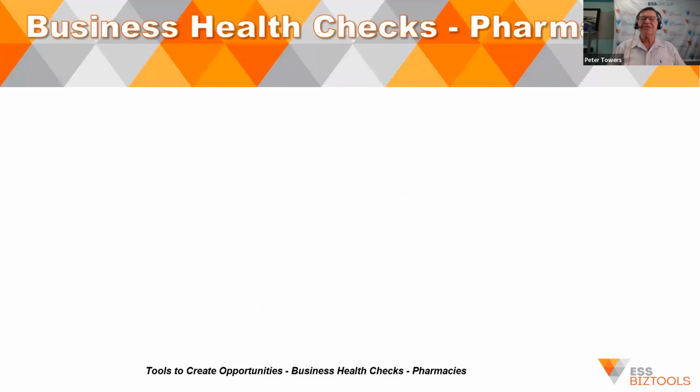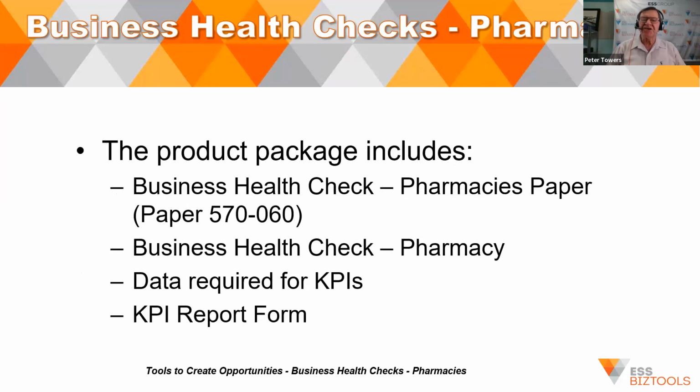So let's now look at business health checks for pharmacies. The product package within ESS BIZTOOLS includes a paper we've written on the business health check for pharmacies. And then we go into the pharmacies. And the first component of the Excel spreadsheets we're going to look at is the data collection.